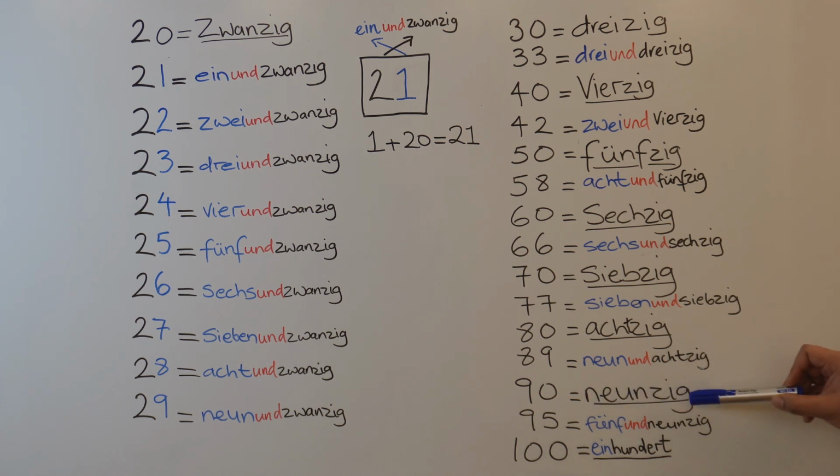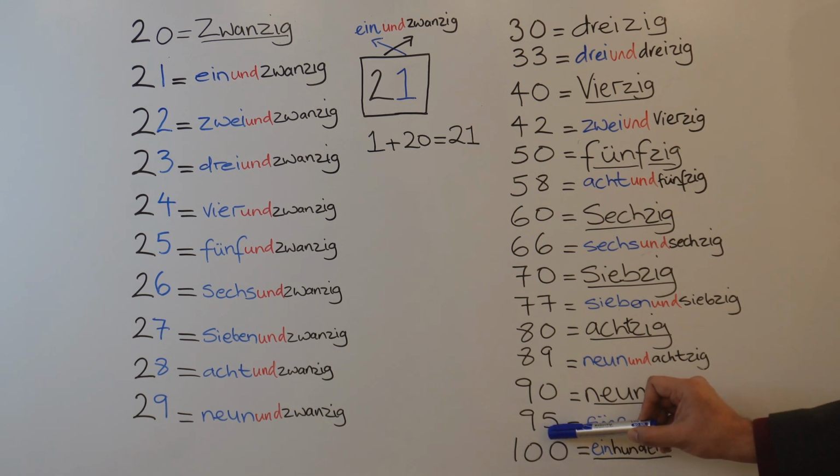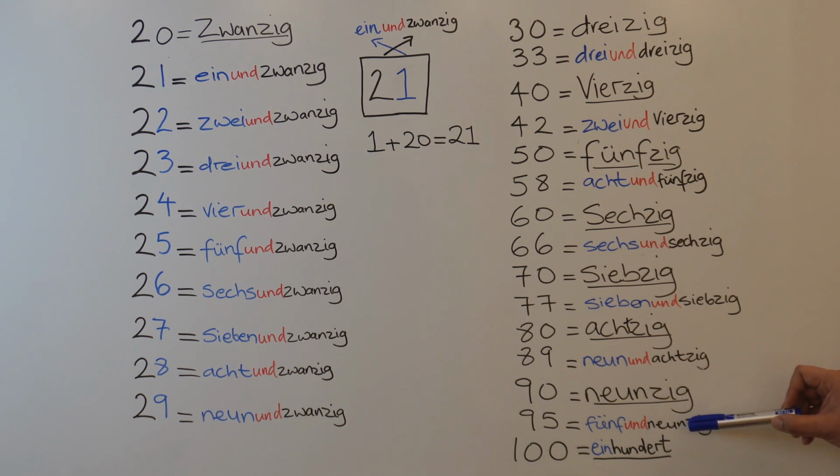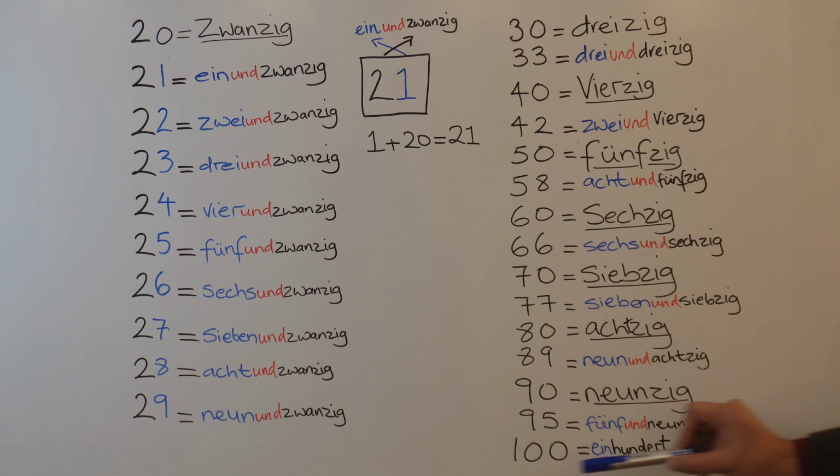And then 90. 91, 92, 93, 94, 95. The smaller number before. 5 and 90. 95. 96, 97, 98, 99. And then 100.